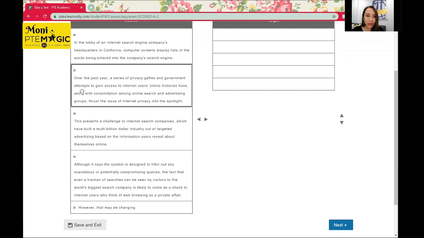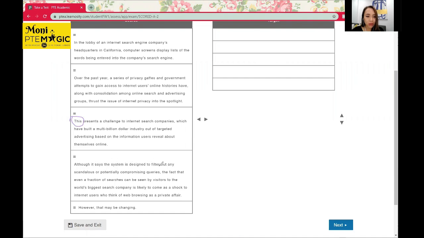Okay, it can be. Over the past year, a series of privacy gaps and government attempts to gain access to internet users' online history have, along with consolidation among online search and advertising groups, thrust the issue of internet privacy into the spotlight. Okay, in the issue of privacy, this definitely cannot be the first sentence because it has the word this.